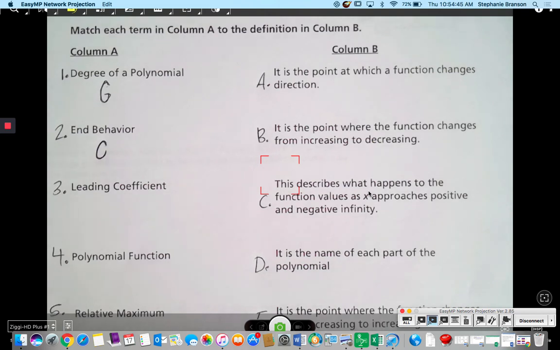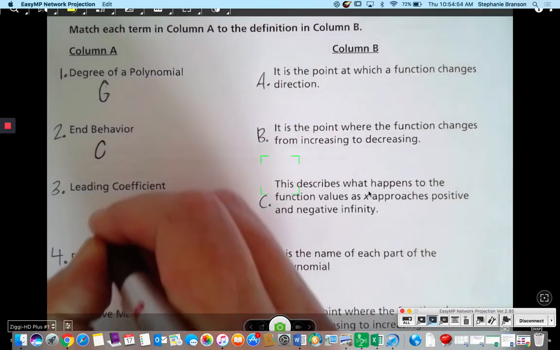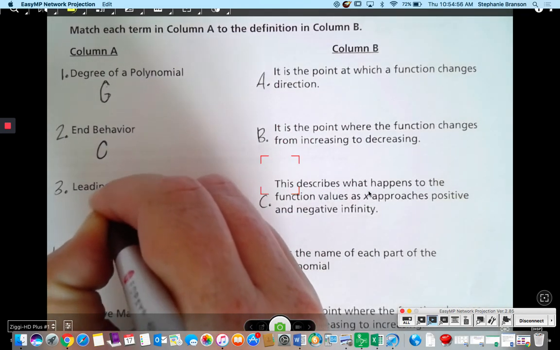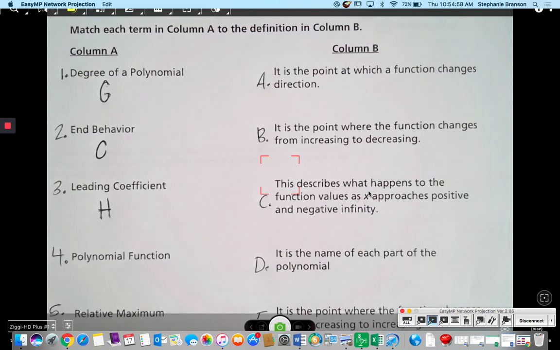All right, leading coefficient is going to be the non-zero term that is multiplied by the greatest power of x, or H. So it's the number in front of the greatest power of x, as long as it's not 0.